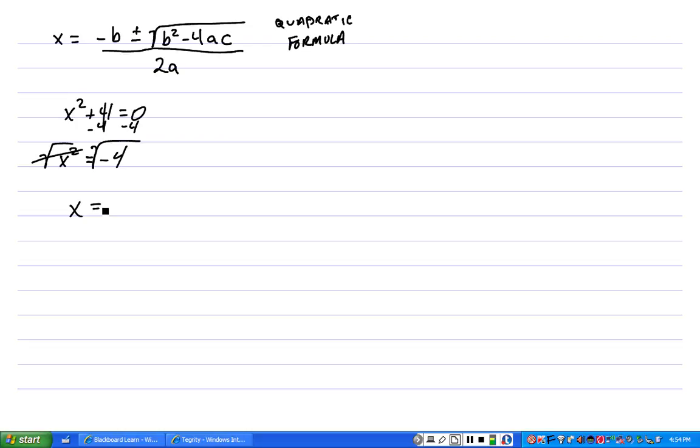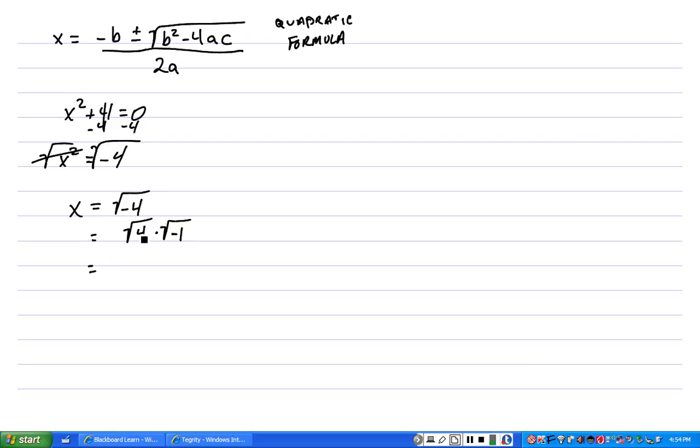So now you have x equals the square root of a negative 4. Well, we know that the square root of negative 4 is like saying the square root of 4 times the square root of a negative 1.